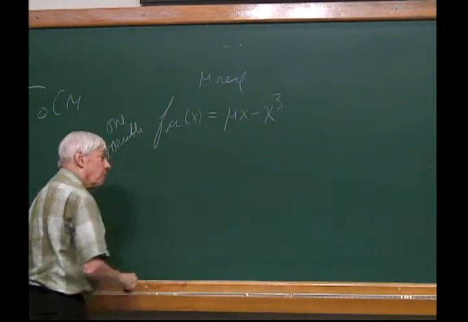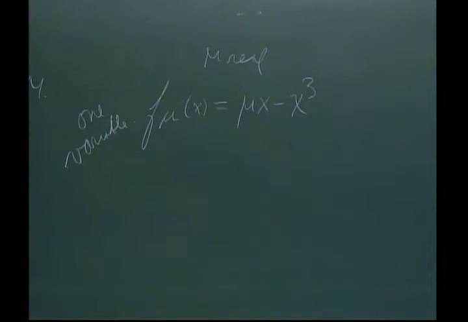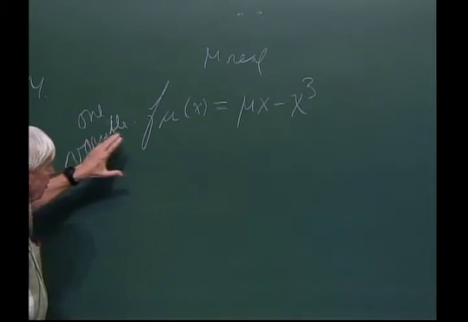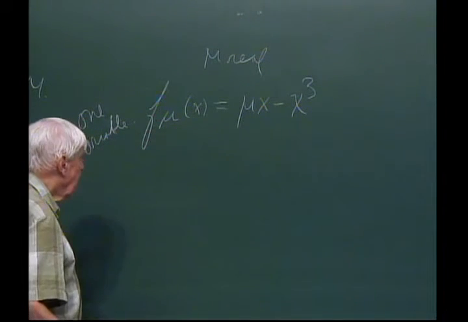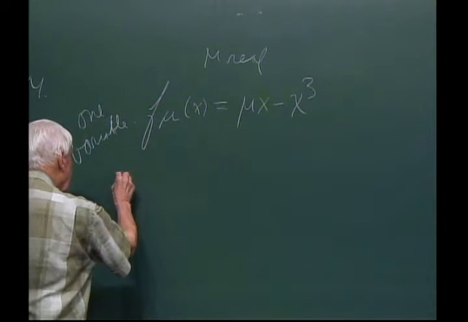This is quite classic. So this is the normal form and the basic aspect of the 1 variable pitchfork. We want to look at the equilibria.